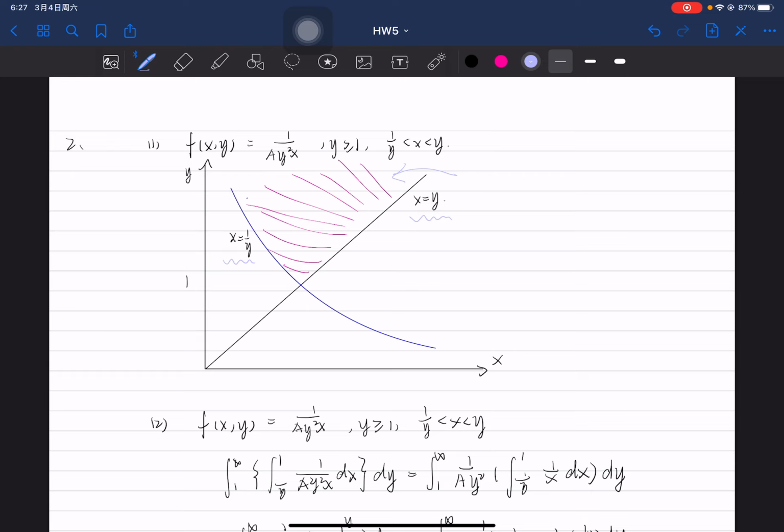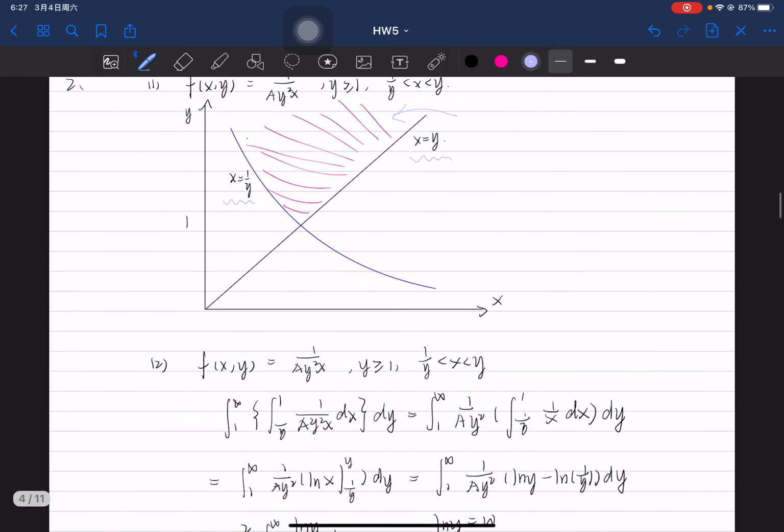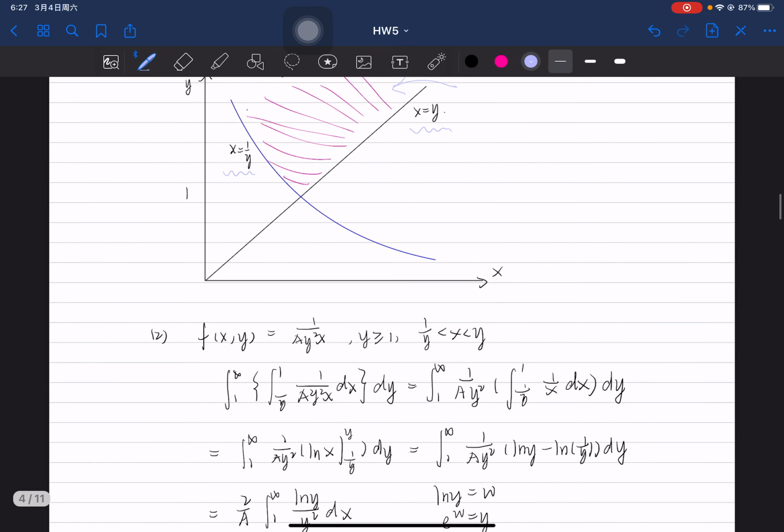For question 2, we need to find a so that this probability density function of XY is a valid joint density function.